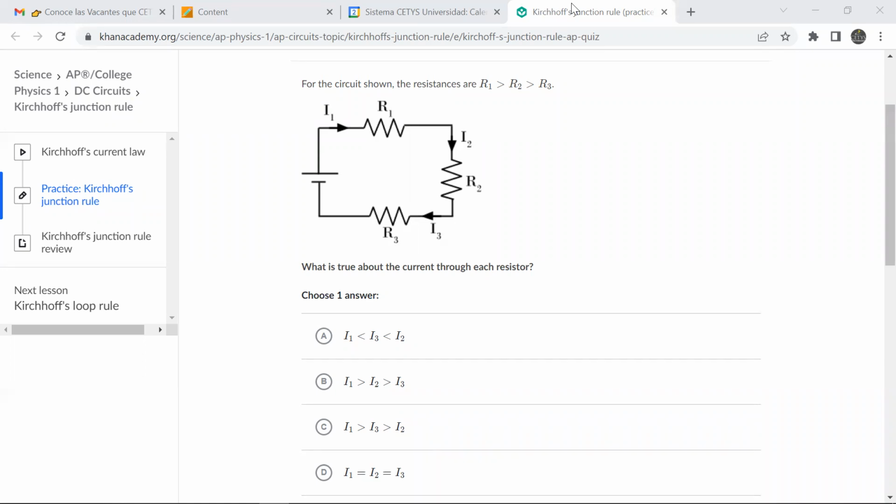These first set of problems don't necessarily need calculations. These are just problems for us to review and understand the concept of Kirchhoff.